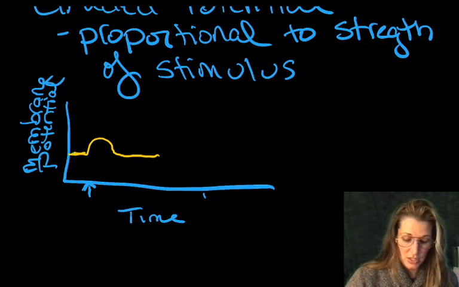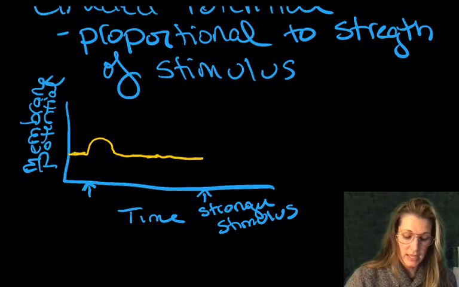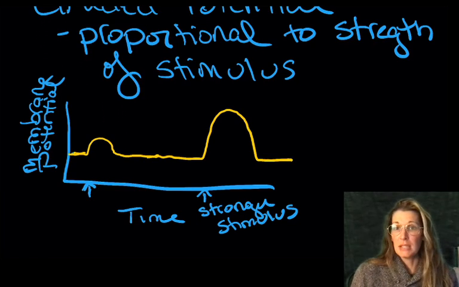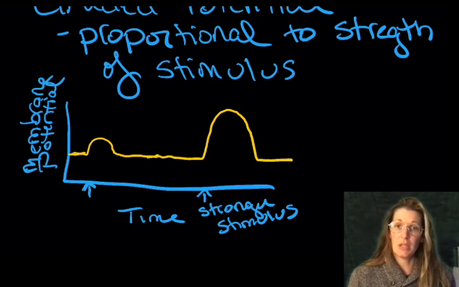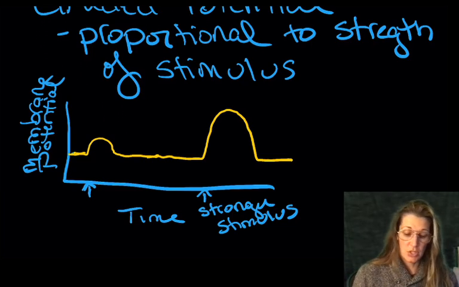Now let's imagine that we have a stronger stimulus. If we have a stronger stimulus, in the case of a graded potential, we're going to get a bigger change in membrane potential. That's all that means. It's proportional to the strength of the stimulus. You get a bigger change if you have a stronger stimulus when it comes to a graded potential.